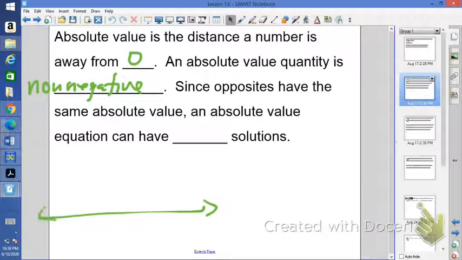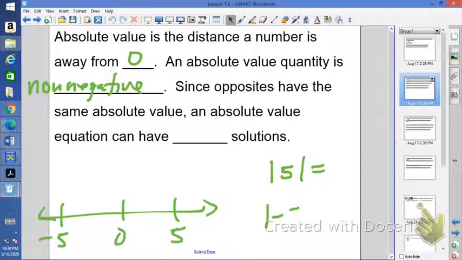So the absolute value of 5 and the absolute value of -5, what do those equal? Well, ask yourself, to find the absolute value of 5, how far away from 0 is 5? You would say it's 5 units. So the absolute value of 5 is 5.